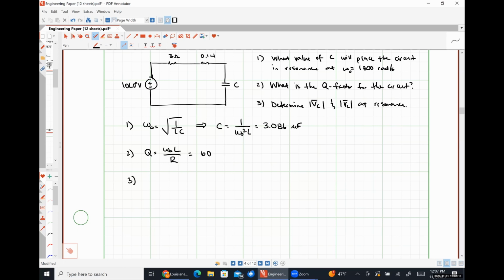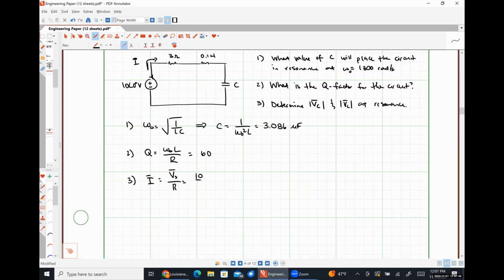All right. So how are we going to find the magnitude of the voltage drop across either of these elements? Well, I would argue that we probably need to know the current flowing in the circuit. And I feel pretty strongly that that's easy to determine. Since this circuit is operating at its resonant frequency, the current I flowing around the loop is simply our source voltage divided by the resistance.